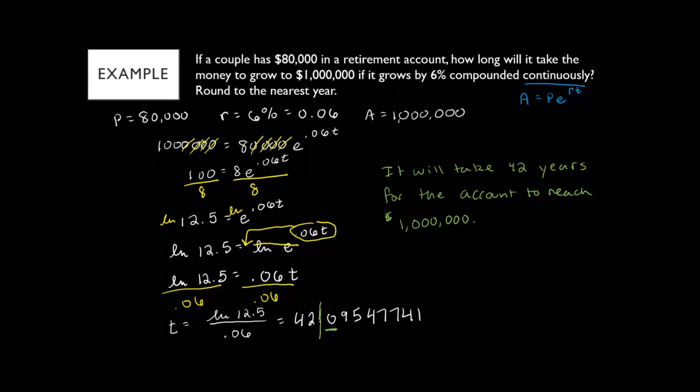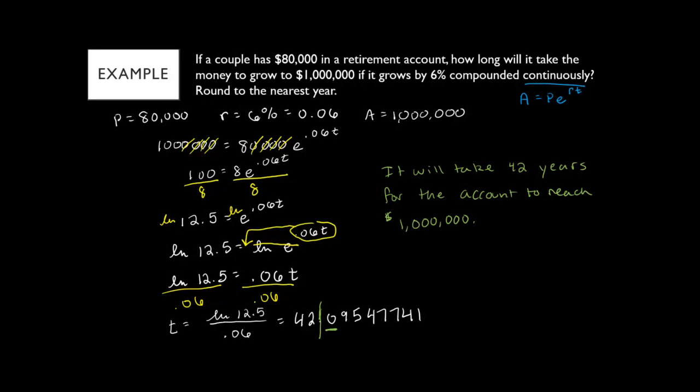Now in real life, if you have a retirement account, you have money in it, and then you put more money in each year or whenever you can afford to. And so the formula for those kinds of situations is a lot more complicated. That's something that you have to really look up because it gets way more complicated when you have more things going in.